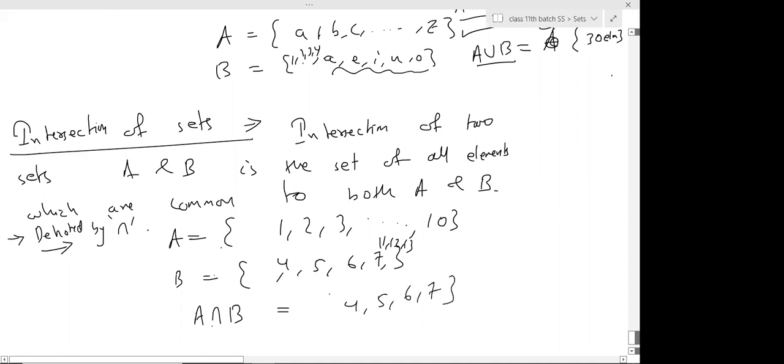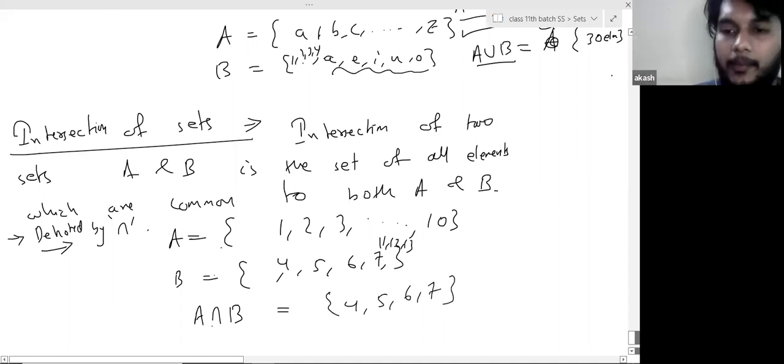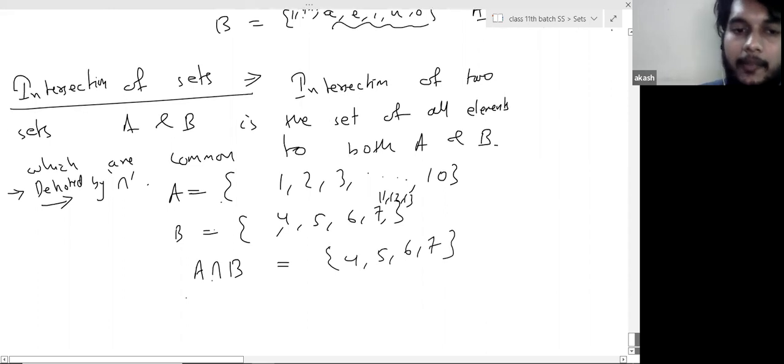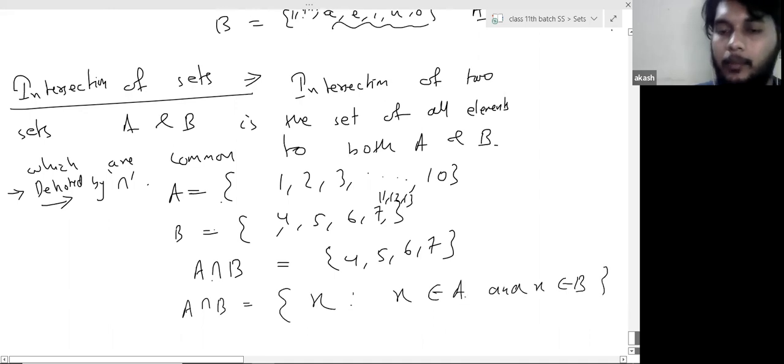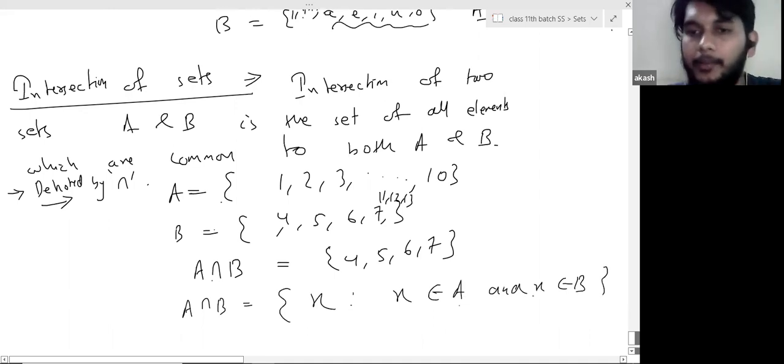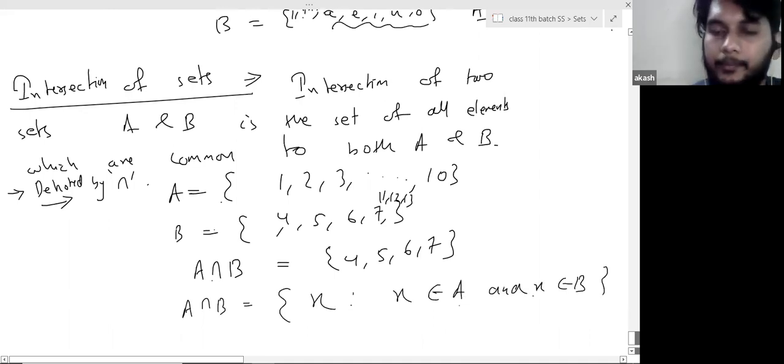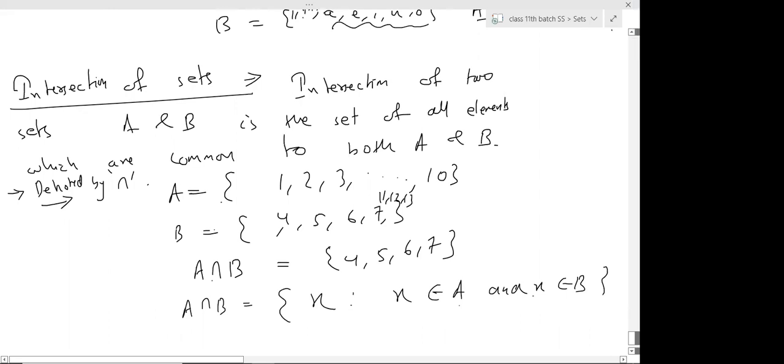Absolutely right. So this will be A intersection B. So we can define A intersection B as the set of all x such that x belongs to A and x belongs to B. x should belong to both of the sets. Yes, sir. Please note it down.